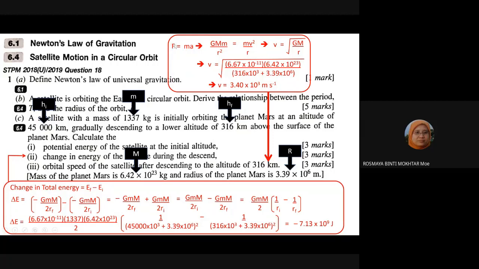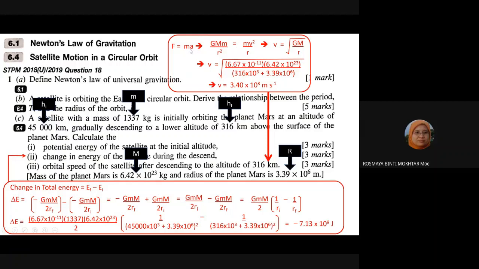The centripetal force here is supplied by the gravitational force. So that's why you substitute GMm per r squared. The satellite moves in circular motion around the planet because of this centripetal force, GMm per r squared, which equals ma.